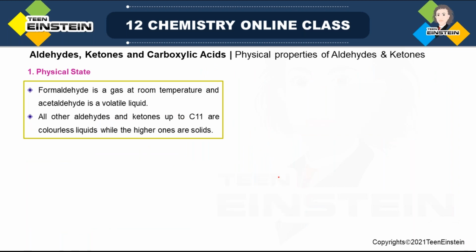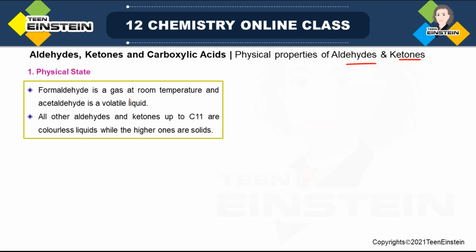Now after finishing the preparation methods for ketones, we will see the physical properties of aldehydes and ketones in general. Formaldehyde is a gas at room temperature. So first we will see the physical state, that is, whether it is gaseous, liquid or solid.